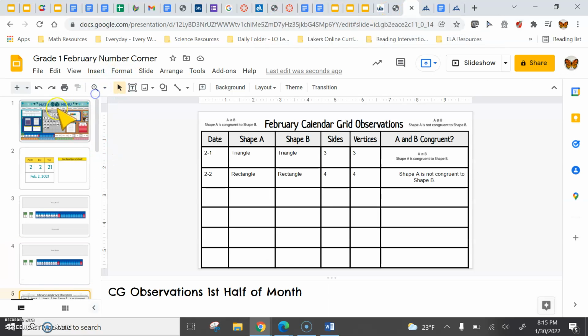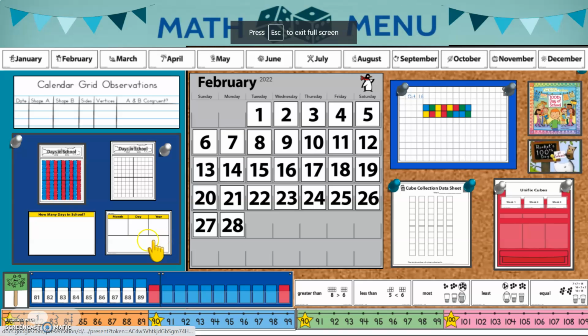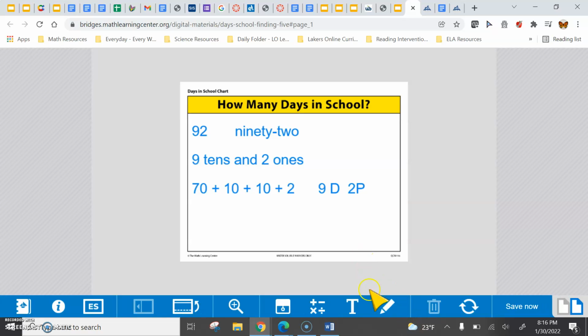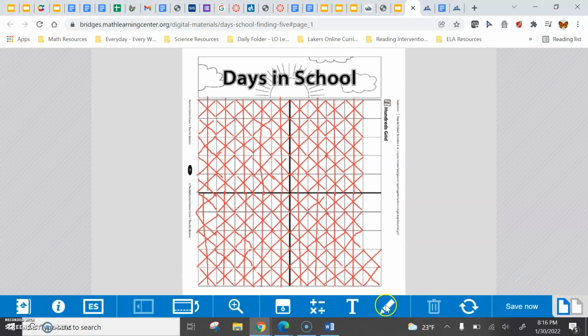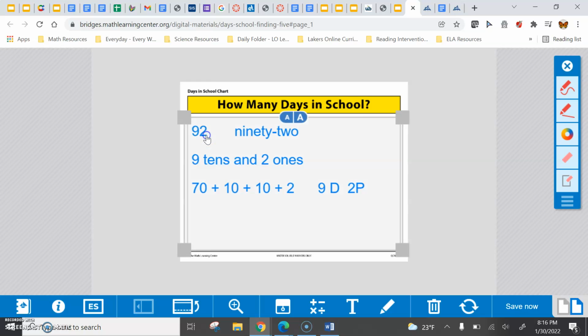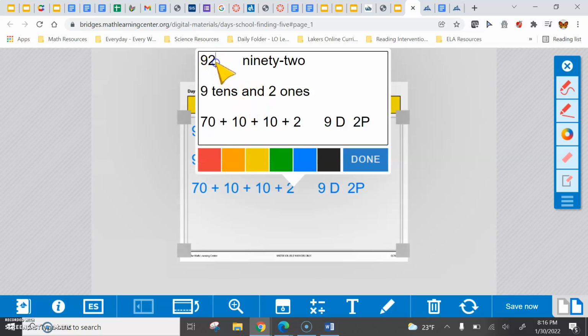We'll go back up to our number corner. Talk about adding another day in school. So now we have 93 days that we've been in school together. We'll change this to 3.